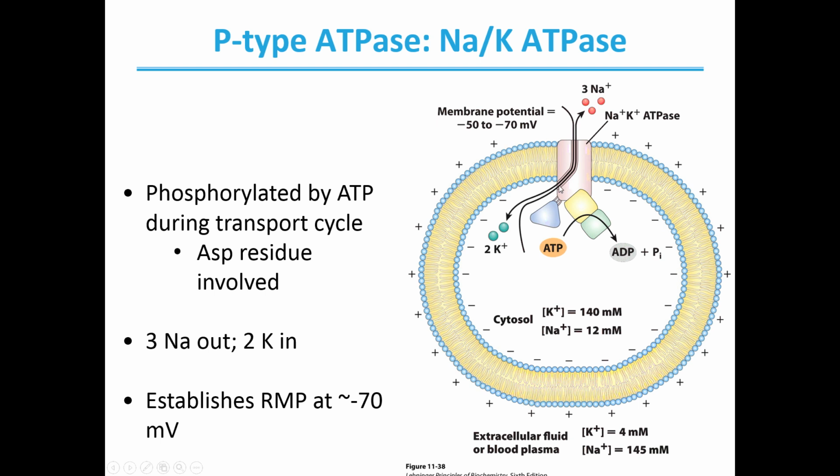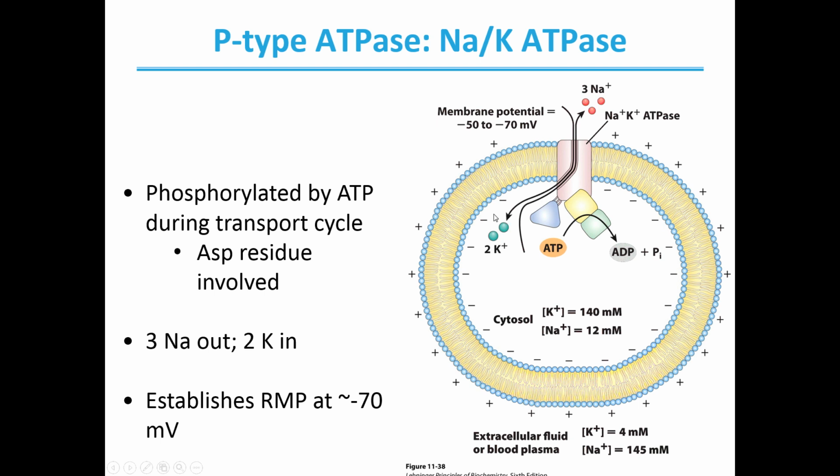Every time this protein has a cycle, 3 sodium molecules are moved out while 2 potassium molecules are moved in. So even though we're not moving any negative charges, we're taking 3 positives out and only bringing 2 positives in. This changes the charge state on each side of the membrane.